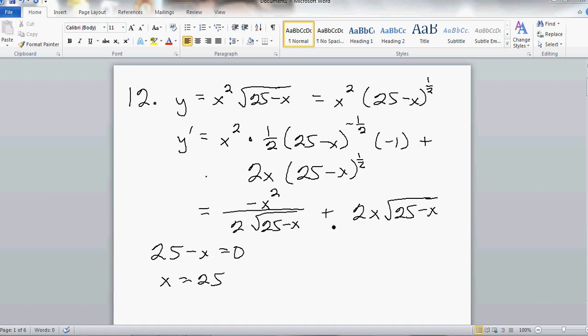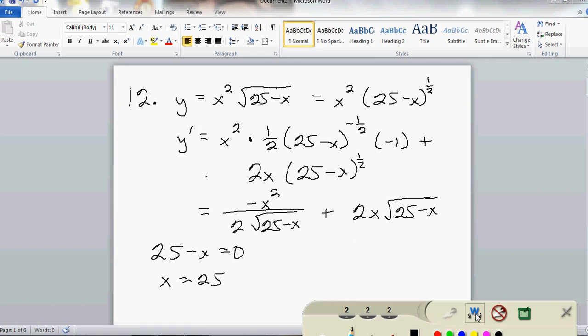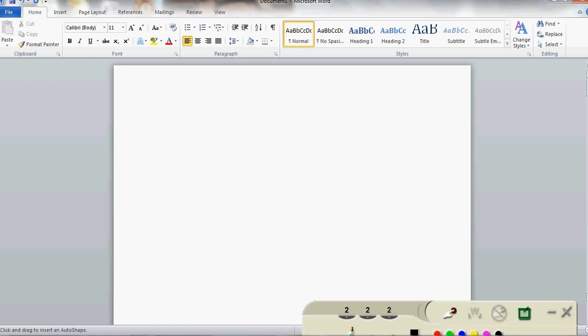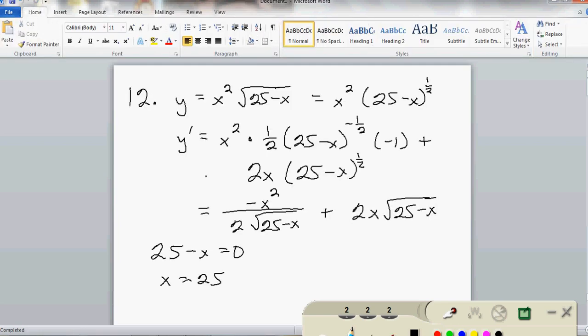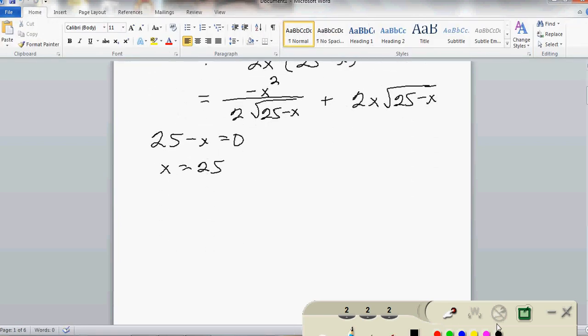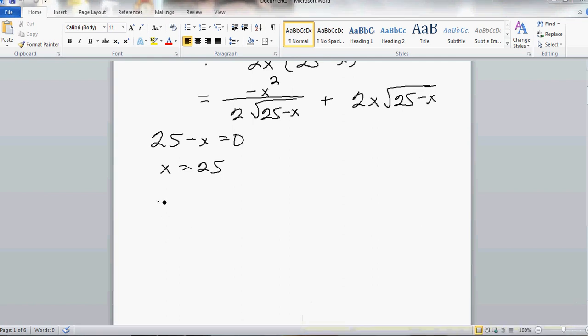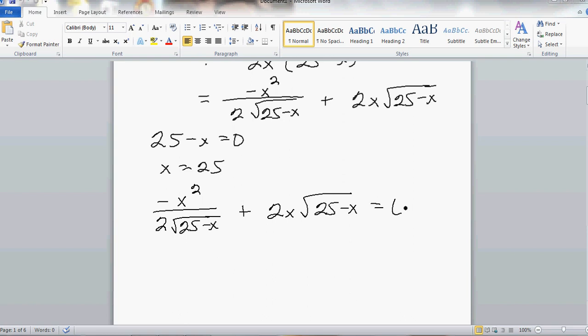Now we need to find out when this would equal 0, and that's going to take a little bit more work. I'm just going to set that whole expression equal to 0 and solve from there.